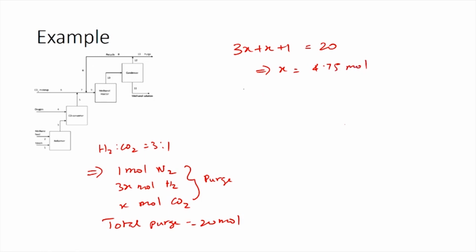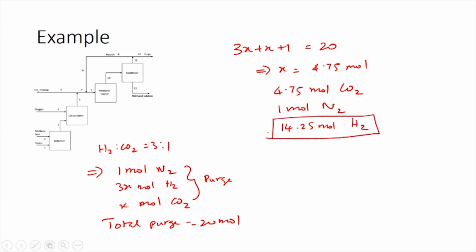So, the purge stream contains 4.75 moles of carbon dioxide, 1 mole of nitrogen and 14.25 moles of hydrogen. So, based on this, we have calculated 14.25 moles of hydrogen is being purged in this process.